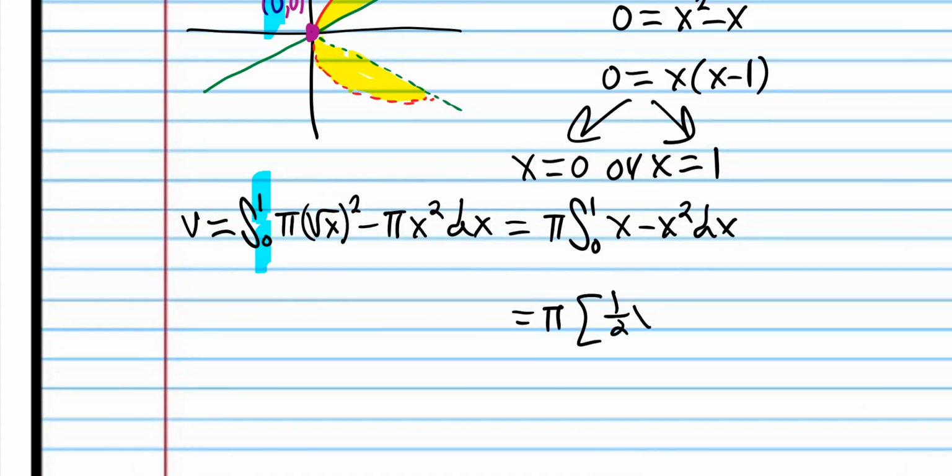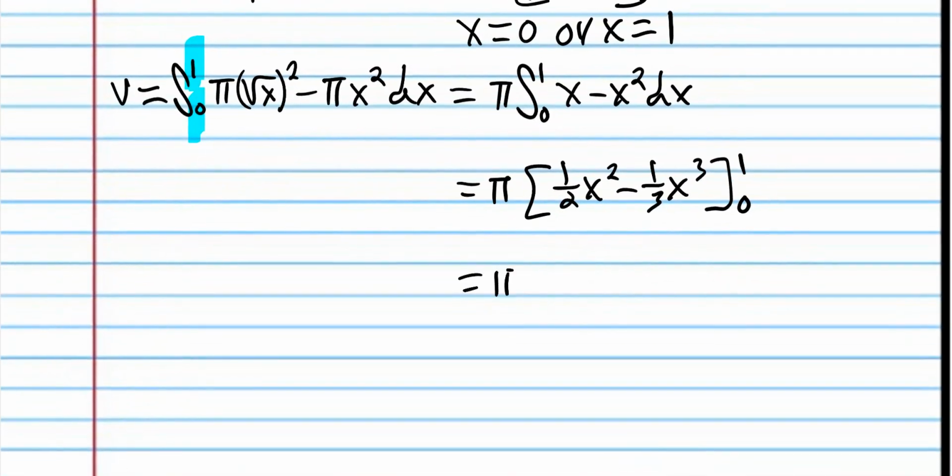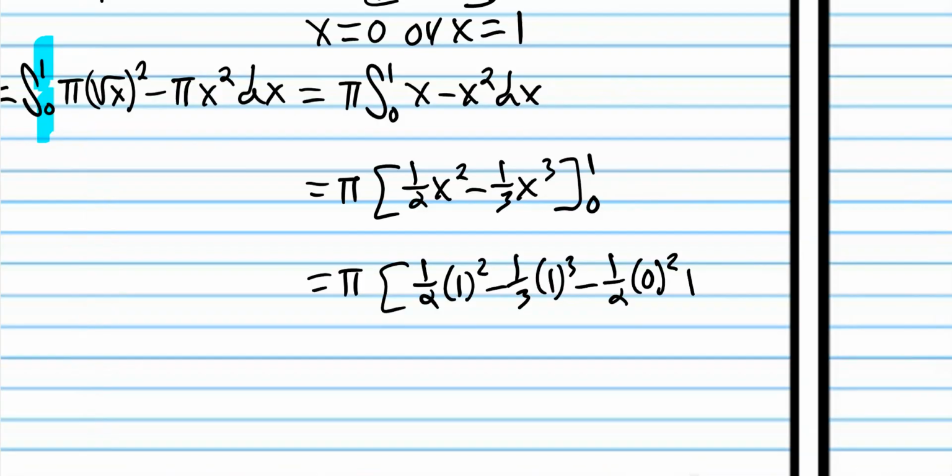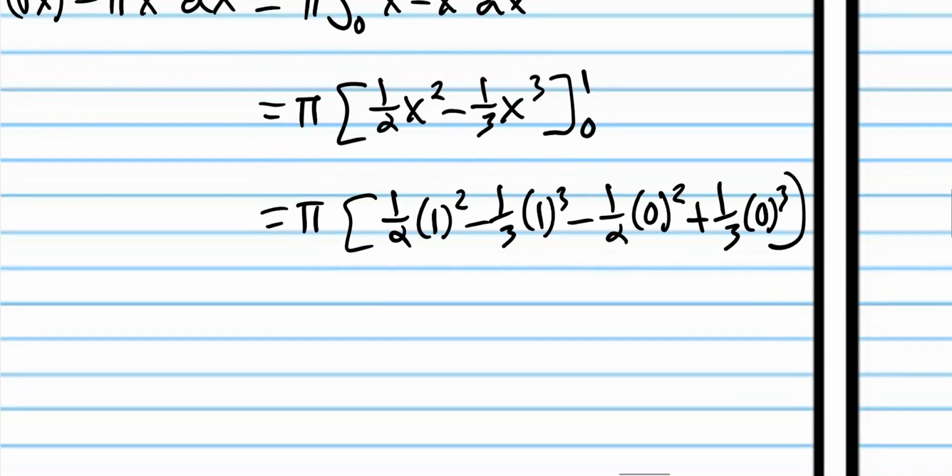So our antiderivative is 1/2 x squared minus 1/3 x cubed, 0 to 1. So we have 1/2 times 1 squared minus 1/3 times 1 cubed minus 1/2 times 0 squared plus 1/3 times 0 cubed.